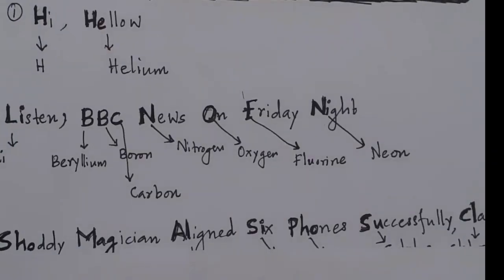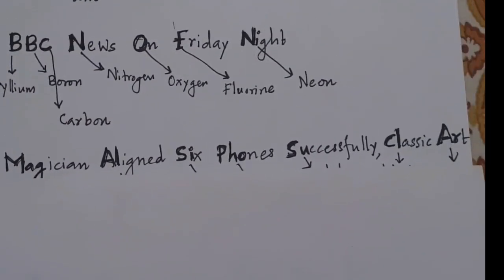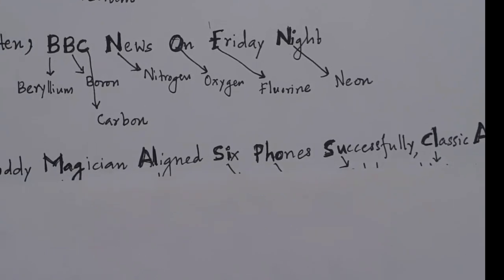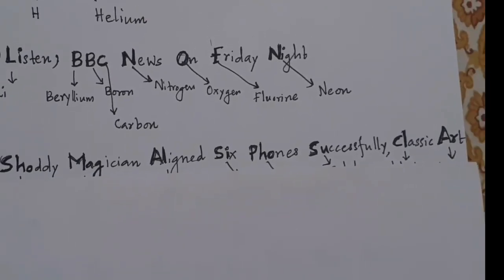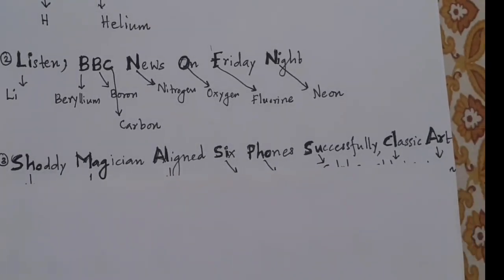Now moving to the third period. Just think of a simple story. Just imagine a shoddy or dirty magician who aligned six phones successfully in air. Just imagine that scene in your mind. Now that is a very classic art.